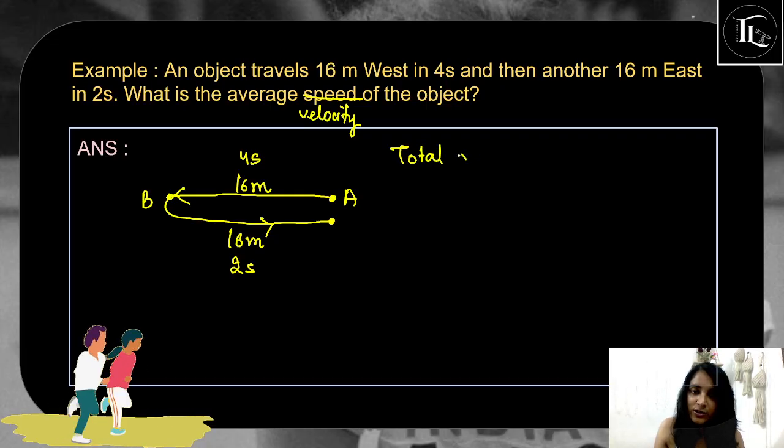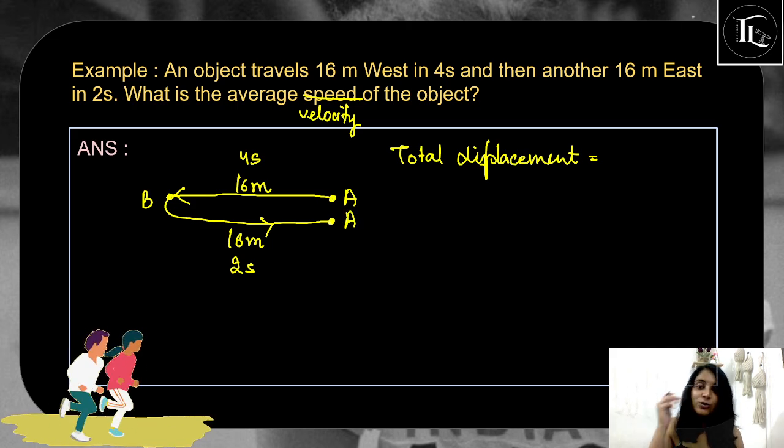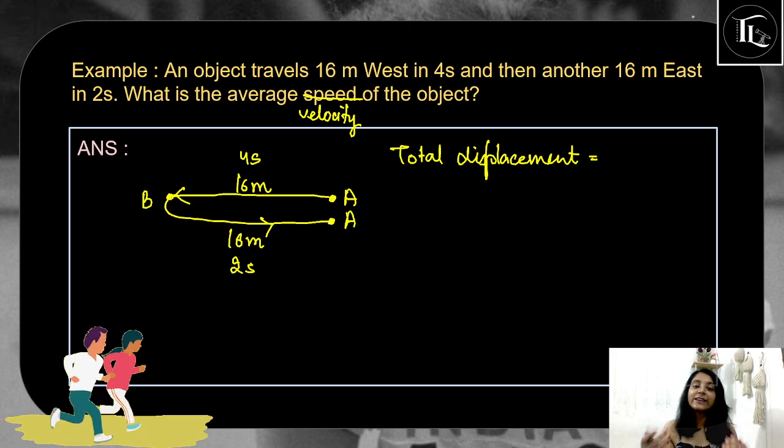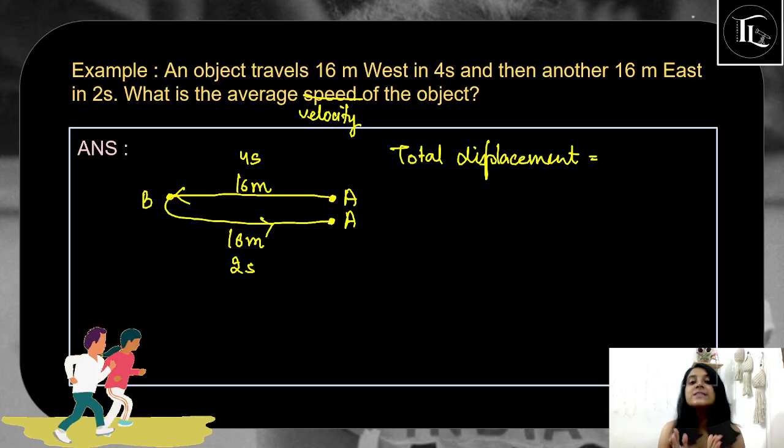So what is the total displacement? The object started at A and again reached at A. Whenever the initial and the final points are the same, the displacement is always 0.